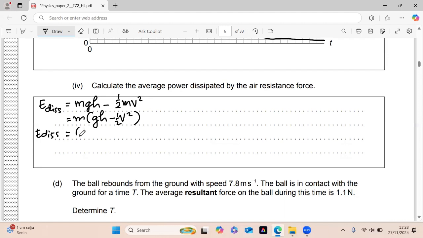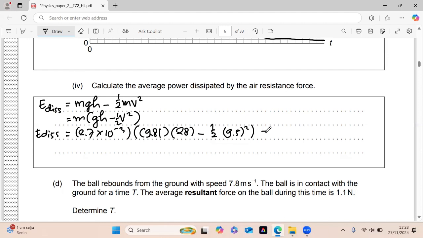M is 2.7 times 10 power minus 3, G is 9.81, times H is 28, and then half, velocity is 9.5.